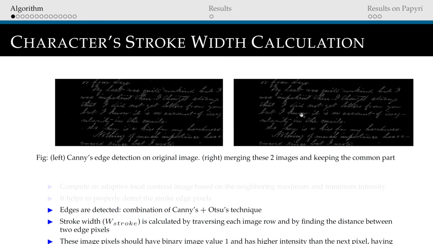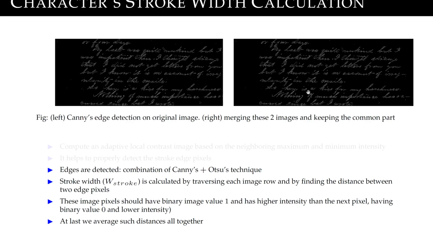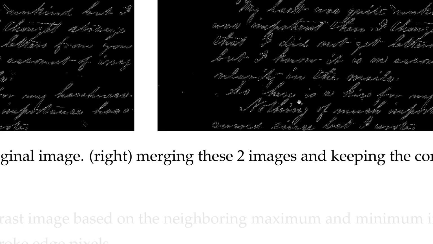And then using those edges, you try to find what the width is. For example, you have this kind of edges. So you try to find the width of these edges or of these strokes.